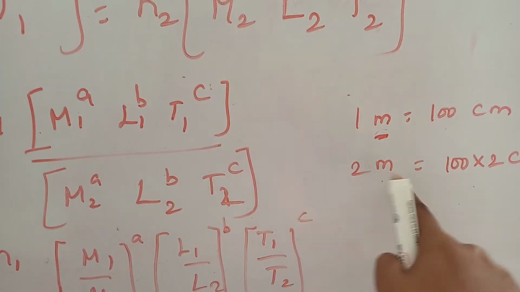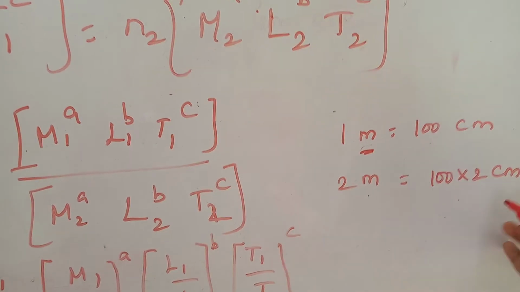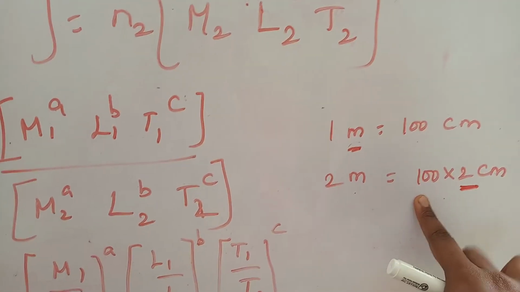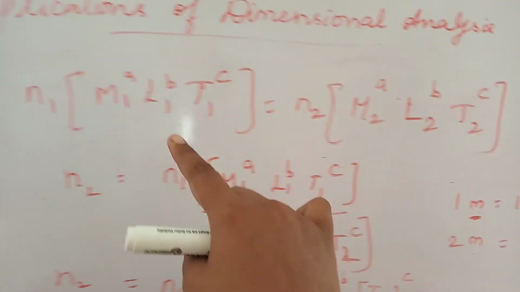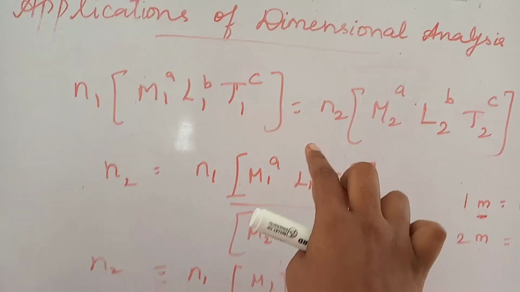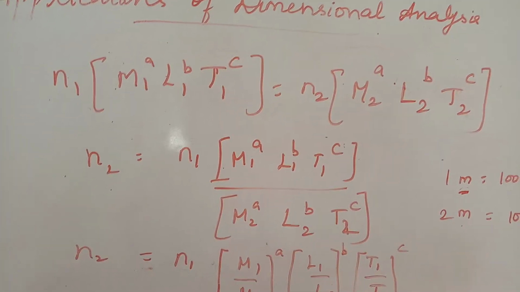Similarly, when you have 2 meter, it is this value as it is into some other number and then unit. So this is what we have written here. One number into a unit can be converted into some other number into some other unit.